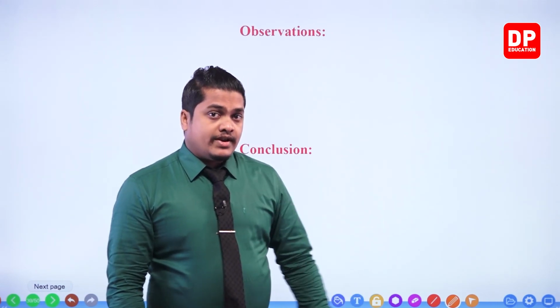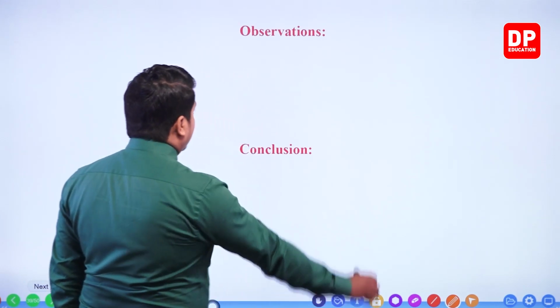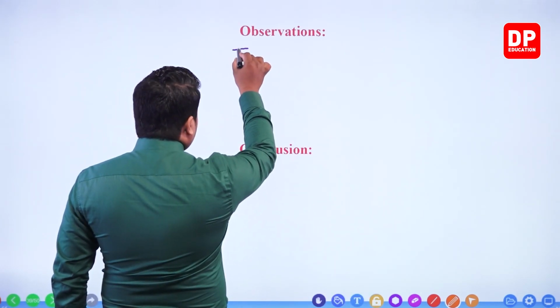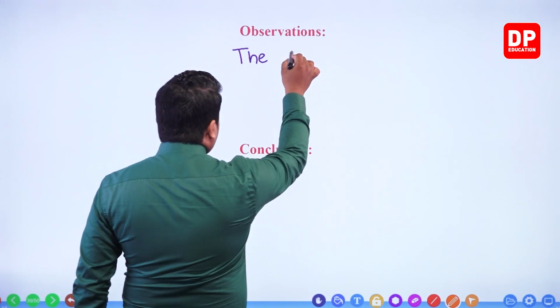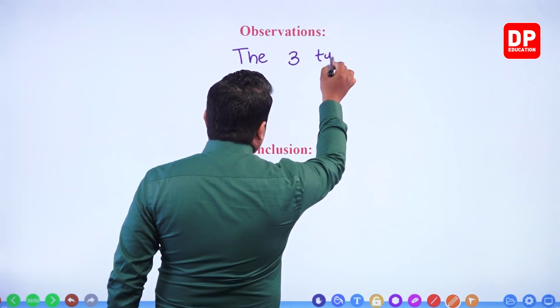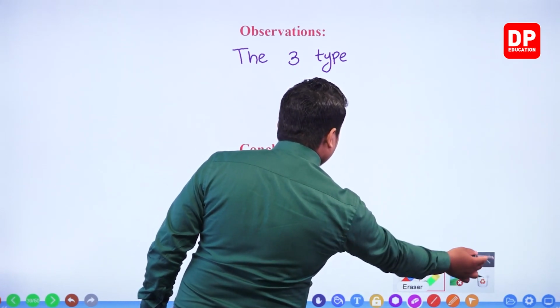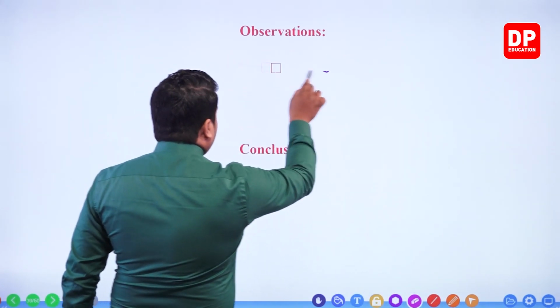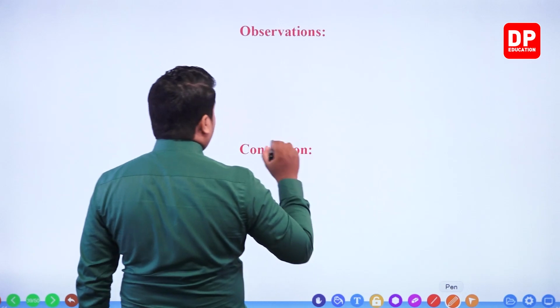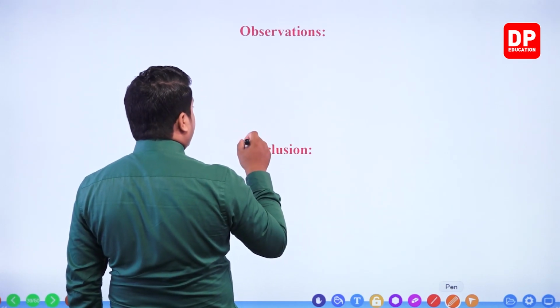Okay, so we'll write down our observations. The three types of movements, mention like this within the observation. You have to write down the things which you can observe now.